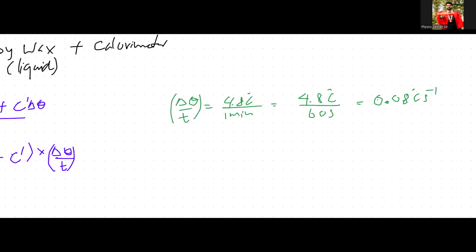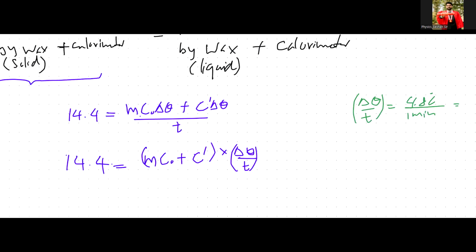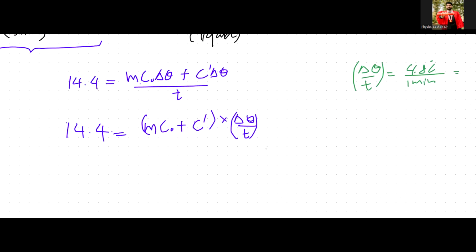So now I just have to substitute that value there. Substitute the values here, 0.08 for this one. Now I can complete this. m is the mass of the wax, which remains unchanged. C naught is the one we want to find.